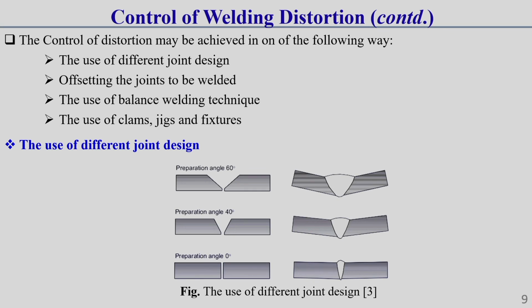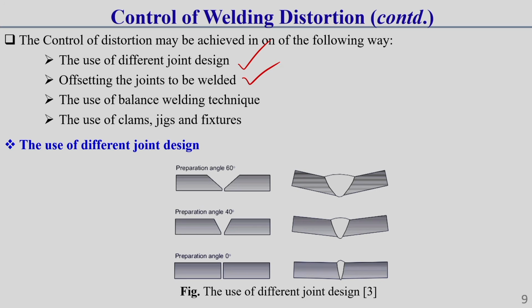Now, here I am going to show control of distortion by different types of practical techniques. Control of distortion may be achieved in one of the following ways. The use of different types of joint design can control the distortion; how, I will discuss in subsequent slides in detail.